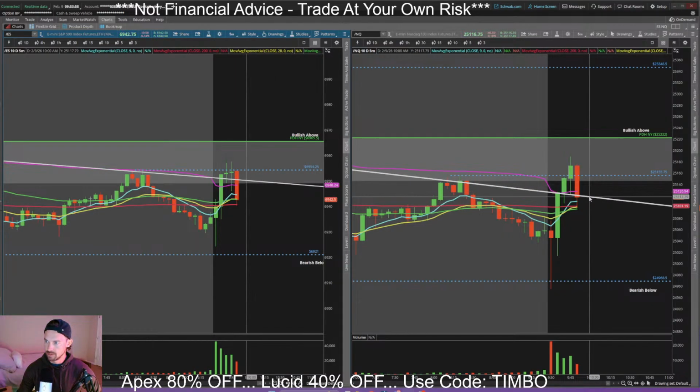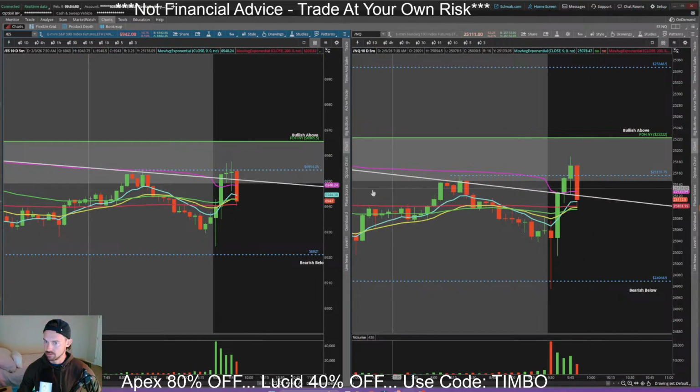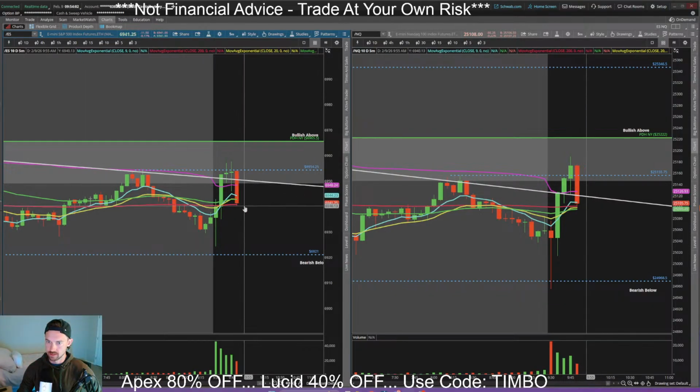See if we can stay back above the VWAP on NQ. ES is already back under it. Kind of at that 200 EMA on the 5-minute.